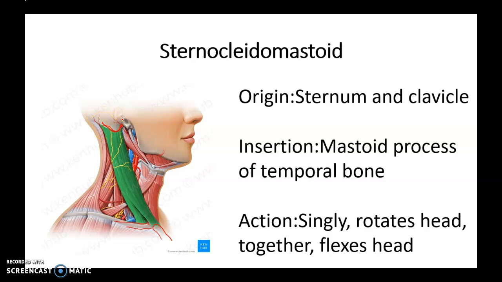Do you remember the mastoid process? It inserts there. That's why the name Sternocleidomastoid. If you look at one side, each sternocleidomastoid muscle helps in head rotation, but when they work together, both sides, that helps us to flex our head.